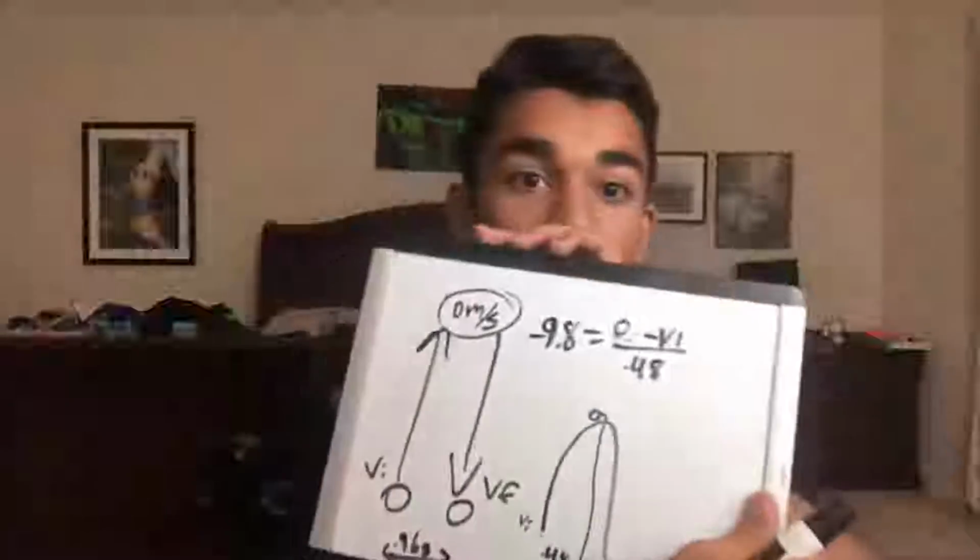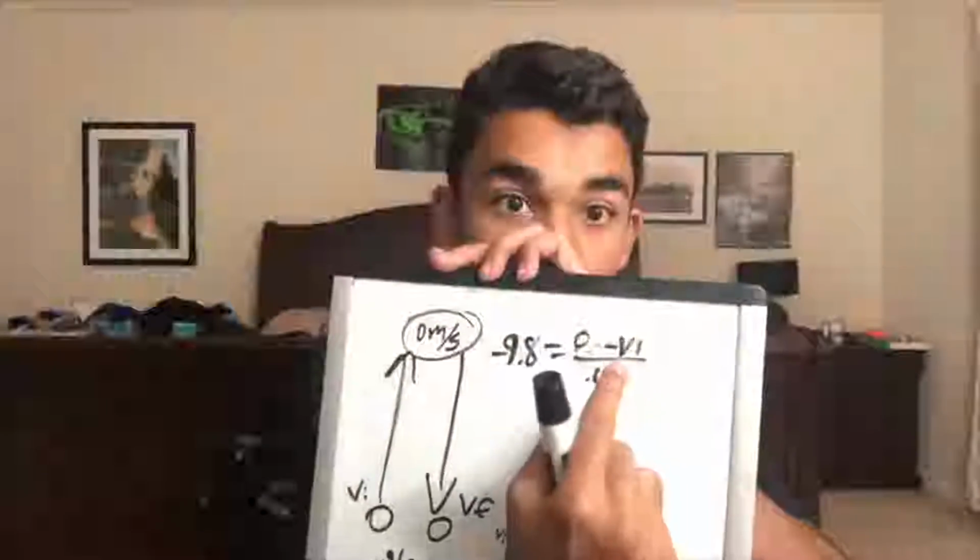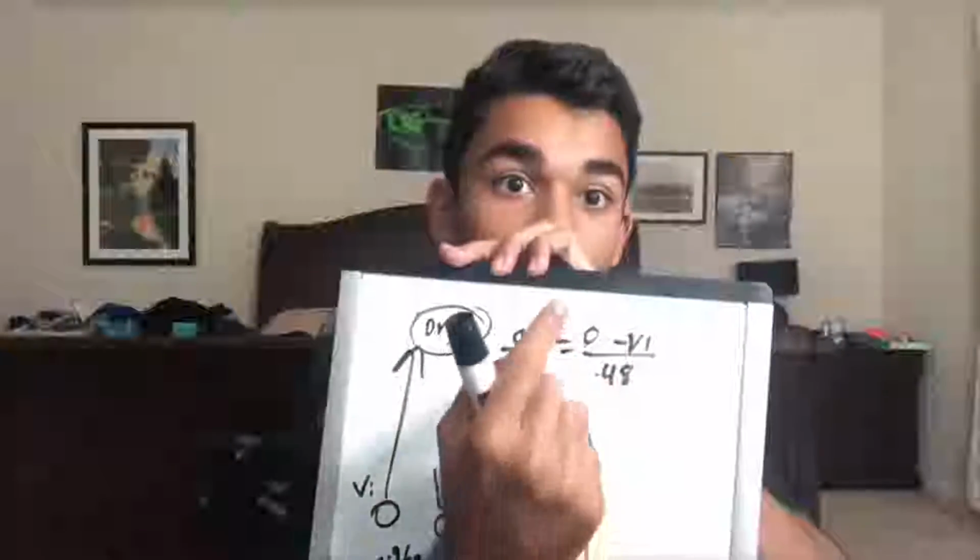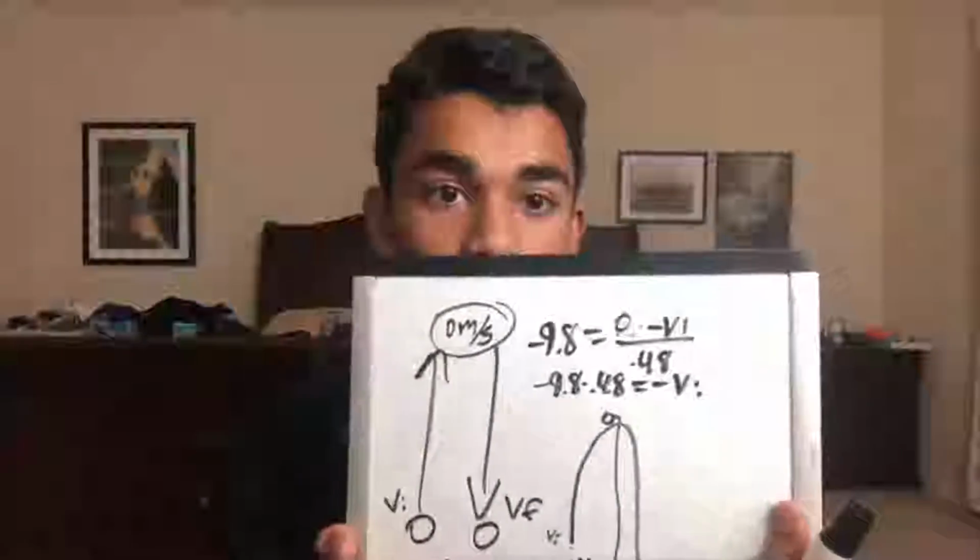And we got every variable except for the initial velocity. Now, we could use some basic algebra and find out that negative 9.8 times 0.48 seconds equals negative initial velocity, right here.